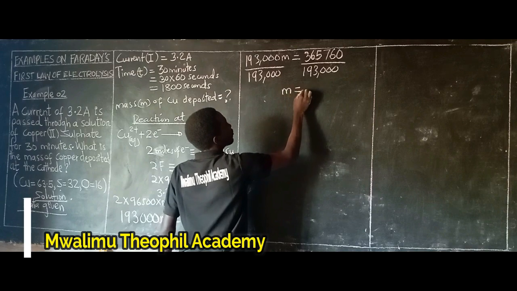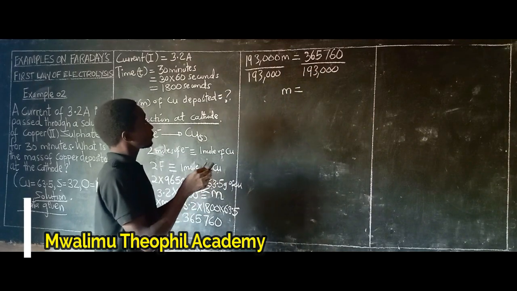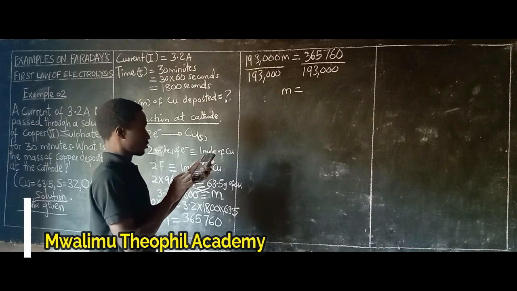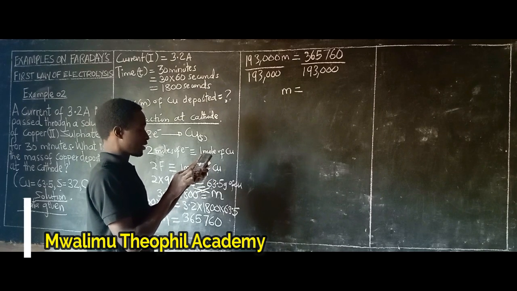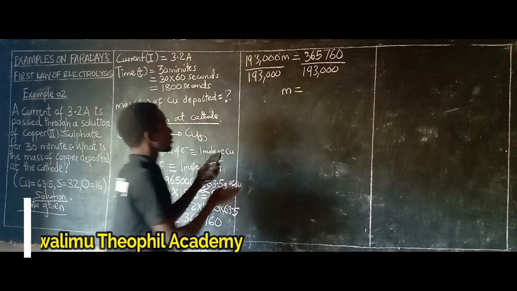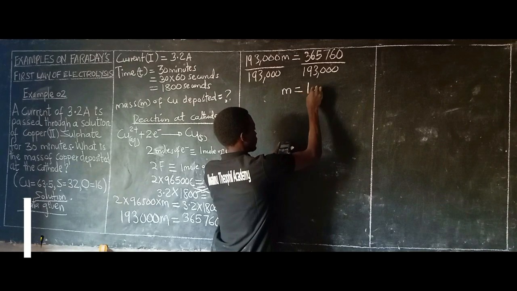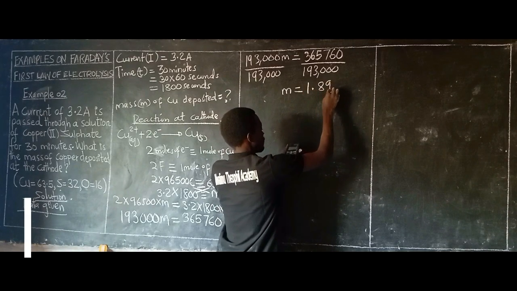Now our m will be equal to 365,760 over 193,000. The answer here becomes 1.895.